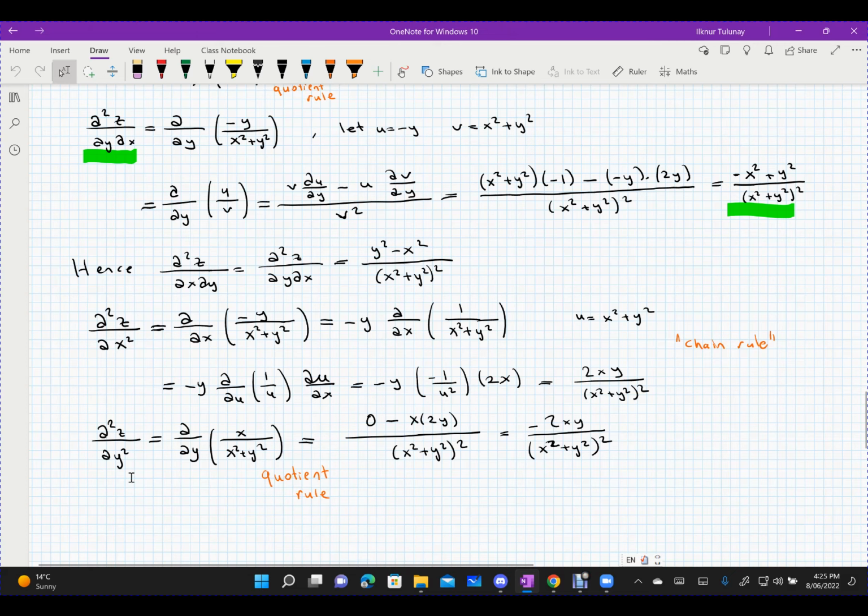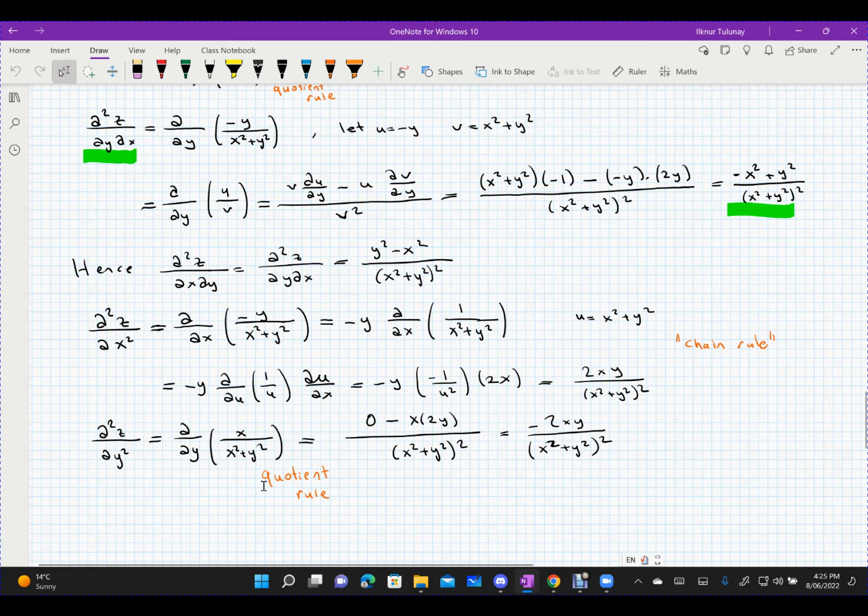another way of doing that. So d squared z dy squared, dz over dy is x over x squared plus y squared, as we calculated above, plugged it in, and again we are differentiating with respect to y.